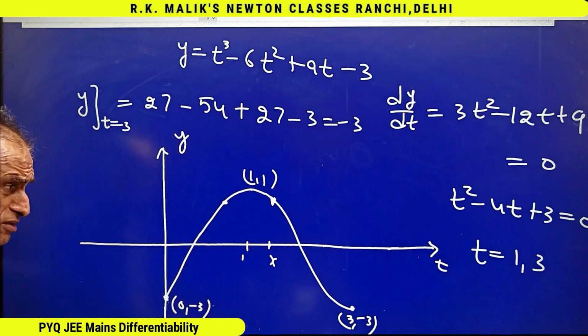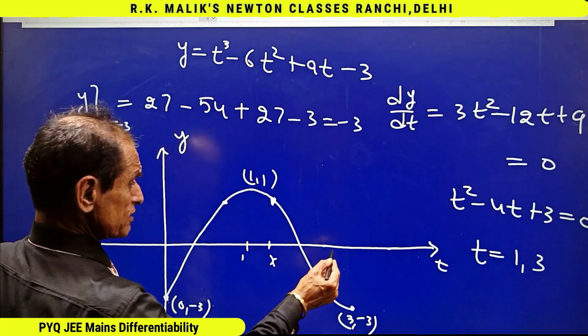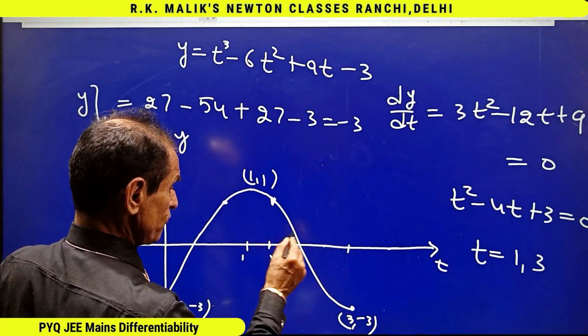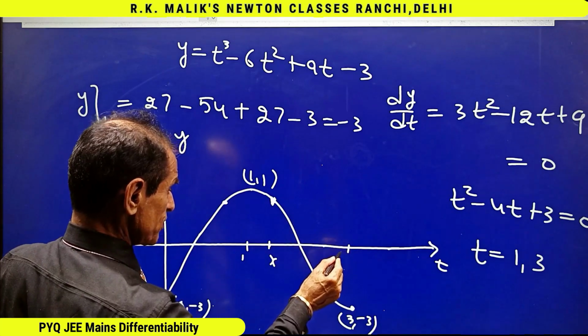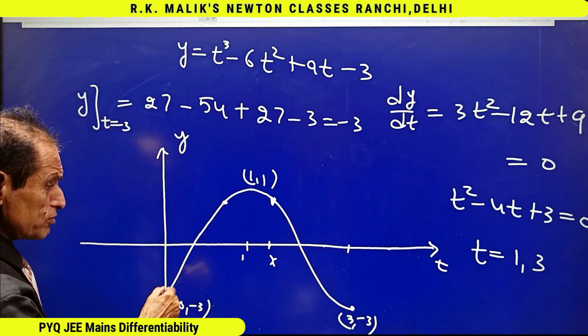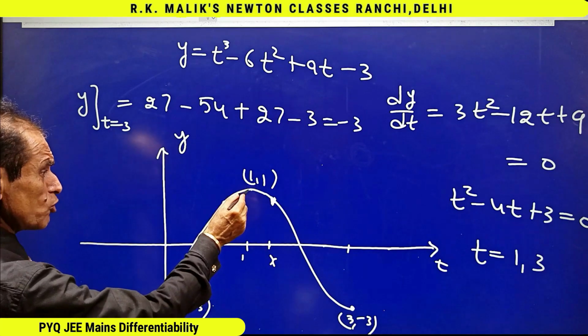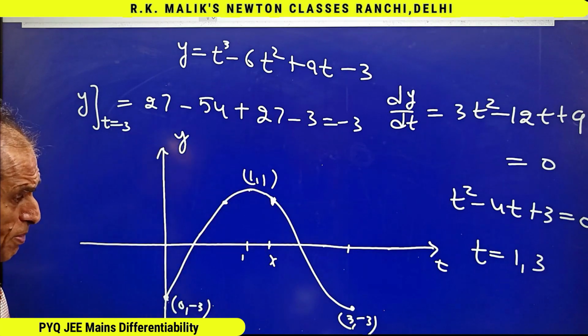This situation will remain the same so far as x lies between 1 and 3. That is, if x lies between 1 and 3, as t varies from 0 to x, the maximum value of y will always be 1.